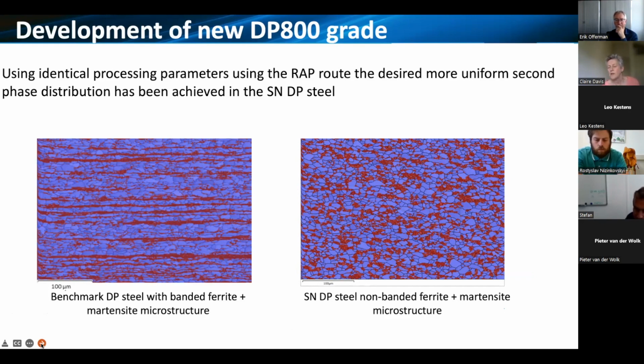And what we found is that when we've taken our design principle to neutralize that segregation behavior, then we no longer have the second phase being in the manganese-rich areas. We now have nucleation and formation on triple points during the annealing cycle, and therefore you get a more random distribution, and indeed that's what we see. So far so good.